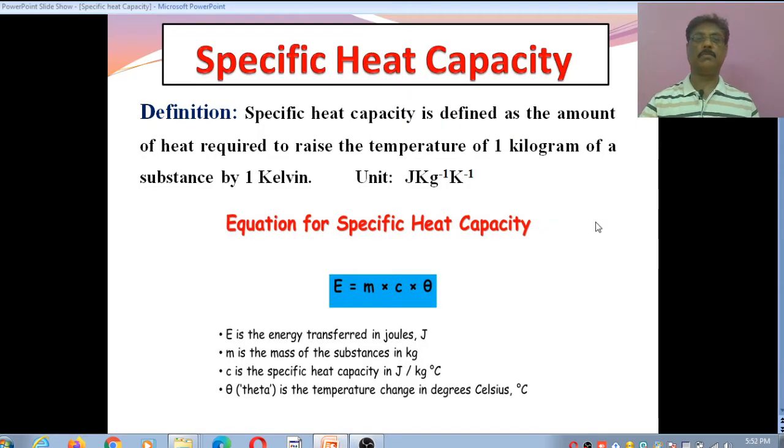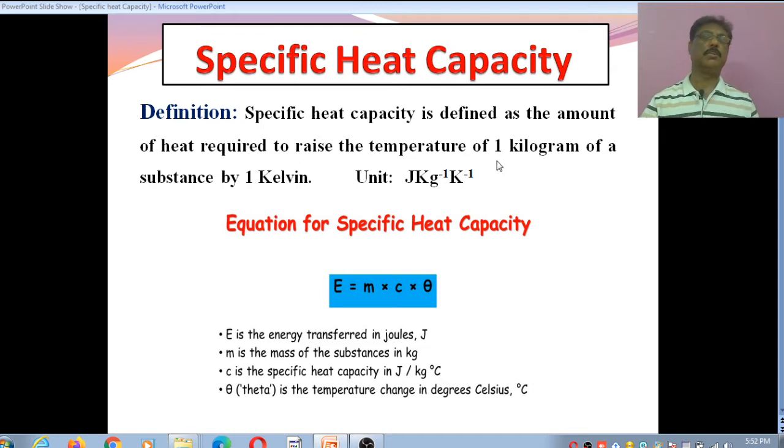First of all, we must know what is meant by specific heat capacity. Specific heat capacity is defined as the amount of heat required to raise the temperature of 1 kilogram of a substance by 1 Kelvin.